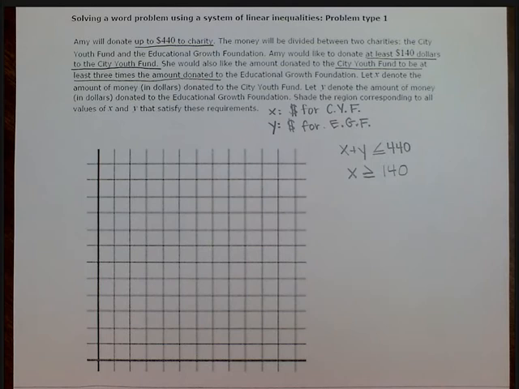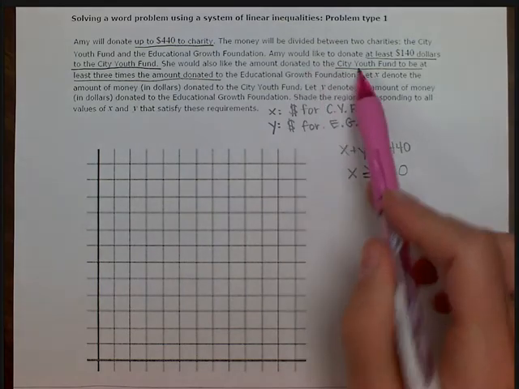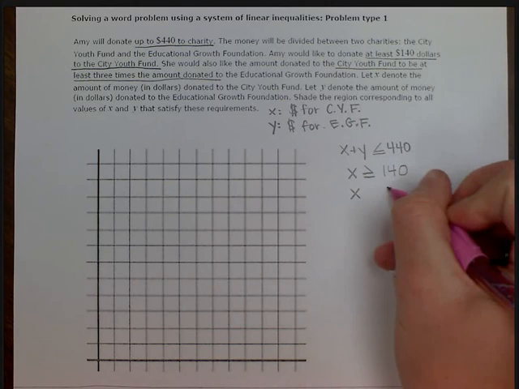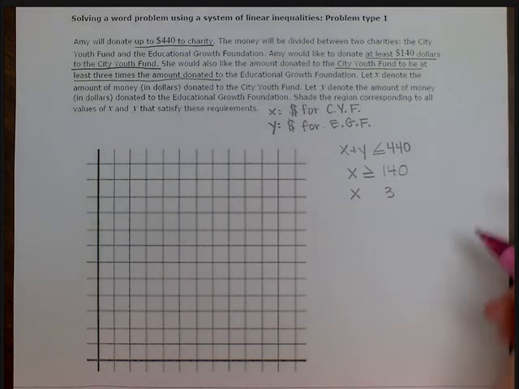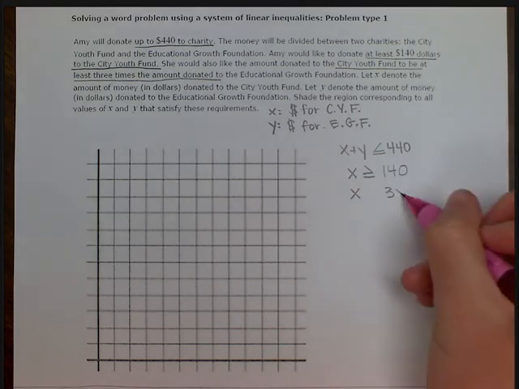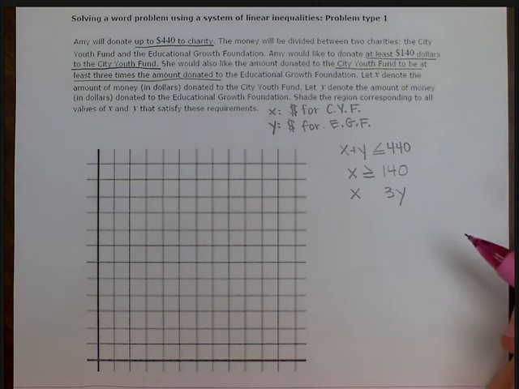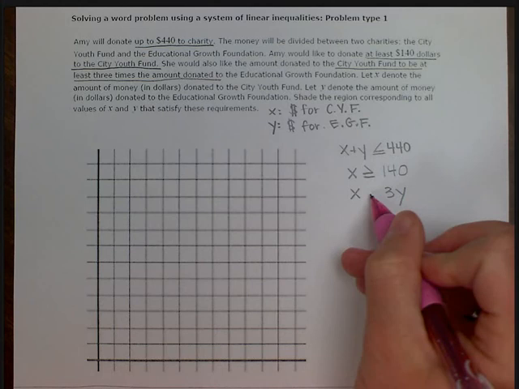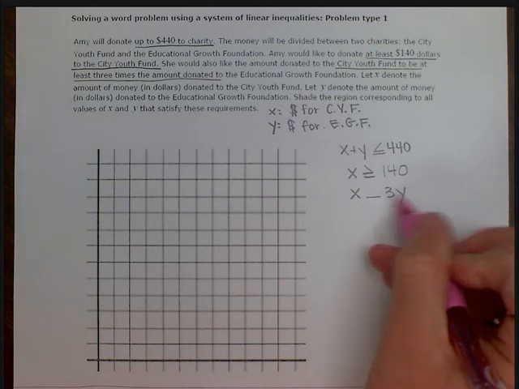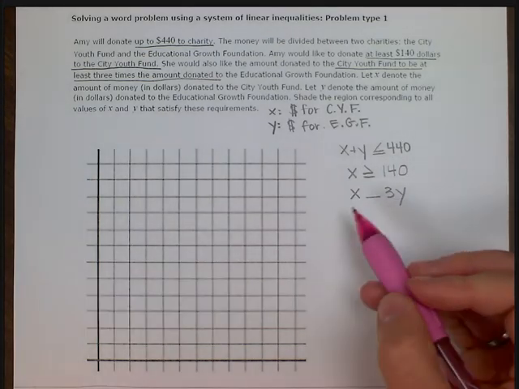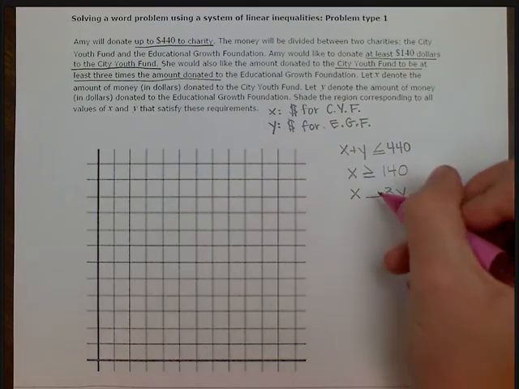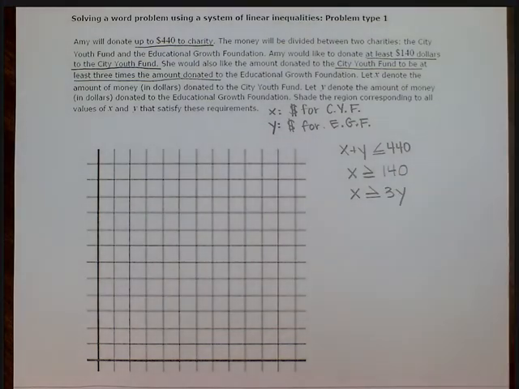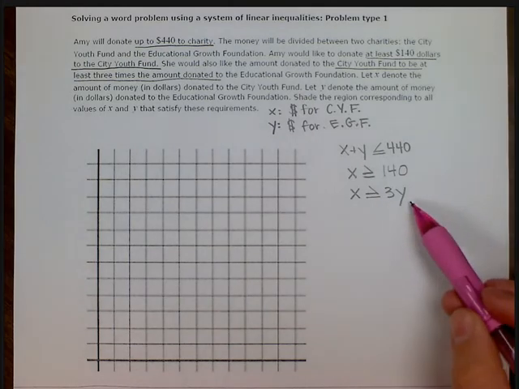Okay, so X, the City Youth Fund, needs to be at least 3 times Y, how much she gives to the Educational Growth Foundation. So it could be equal to, because she could give exactly 3 times as much, or she could give more than 3 times as much. So X is greater than or equal to 3Y.